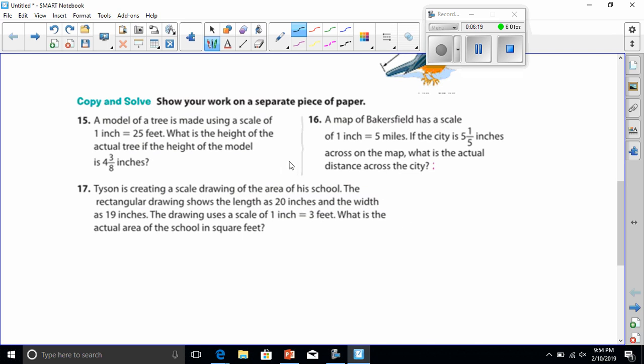On number 15 now, it says, show your work on a separate piece of paper. A model of a tree is made using a scale that 1 inch equals 25 feet.